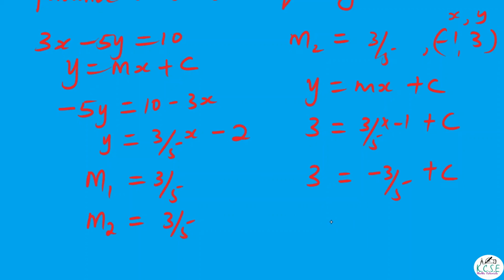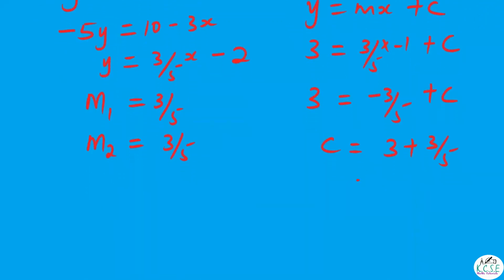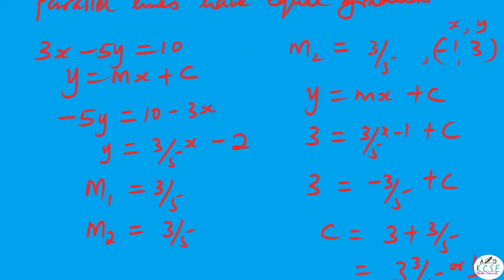From this, c will be obtained by 3 plus 3 over 5, which will be 3 and 3 over 5, or you can write it as 18 over 5. Therefore, the equation of that line in the form y is equal to mx plus c will be y is equal to 3 over 5 x plus 18 over 5.